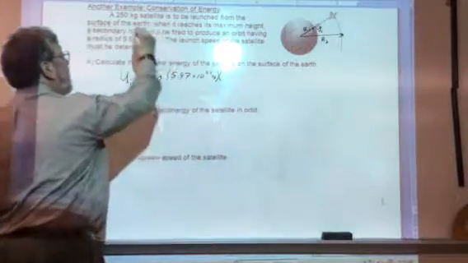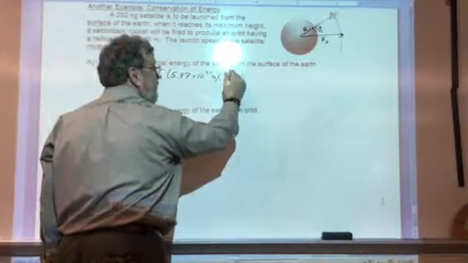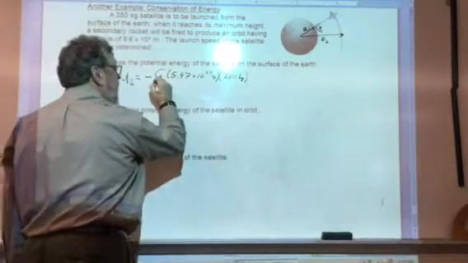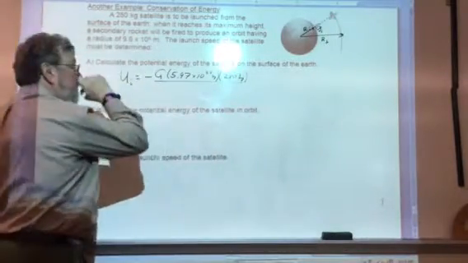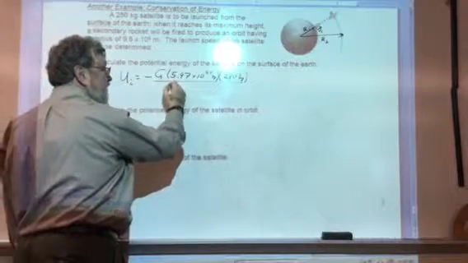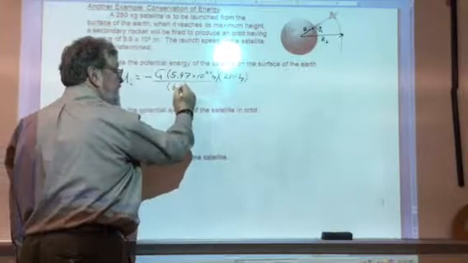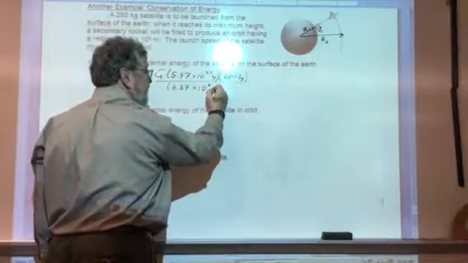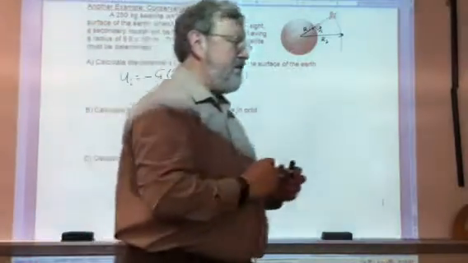And then the satellite is 250 kilograms. And then also, I have to divide by the radius of the Earth, which is 6.37 times 10 to the 6 meters. And in this case, you don't have to square that.